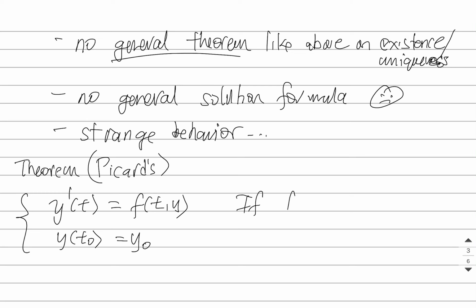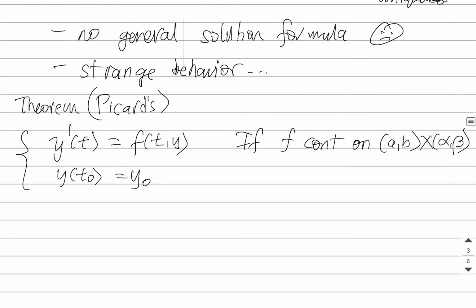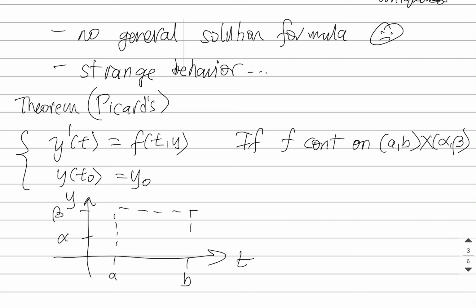If the function is continuous on some open rectangle, and I'll try to draw you a picture. Remember that here we are in the t-y plane. If t goes from a to b and y goes from alpha to beta, they can trace out some open rectangle.